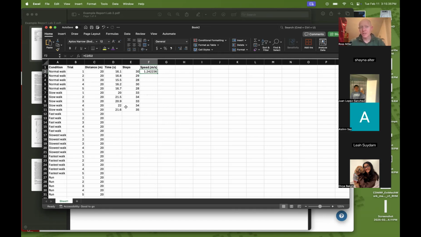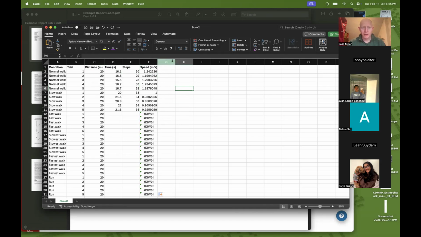So that calculation is the same for all trials of all conditions. Speed varies, but it's always calculated as the distance divided by the time. So we can just fill that in there. Then speed, remember, is the product of two temporal stride parameters, the stride frequency or stride rate, how quickly you take strides, and the step length, how far you cover in each one of those steps.